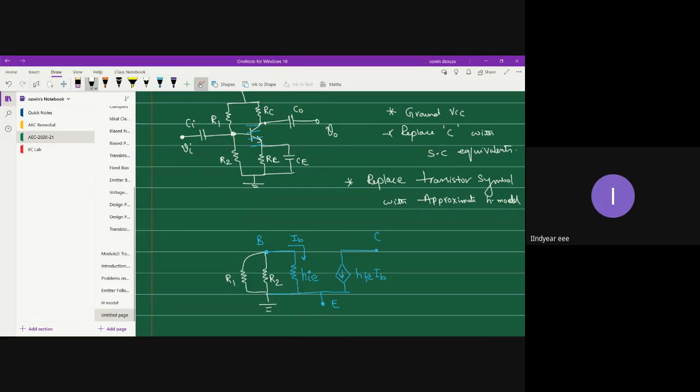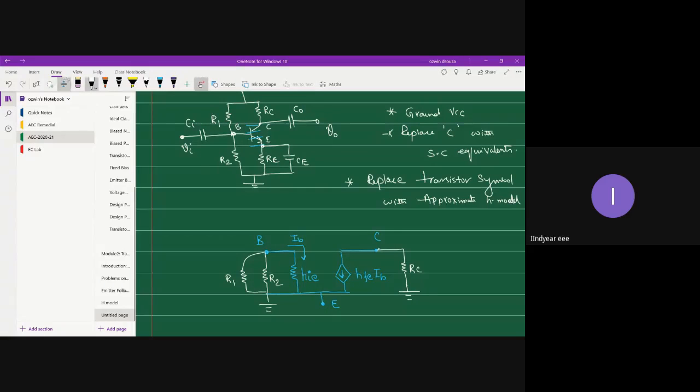Fine. And on the output side, this is your base, collector, and emitter. To the collector terminal, you have RC. The other end of RC is connected to VCC, but VCC is maintained at ground potential for AC analysis. Okay, what happens to the emitter terminal?